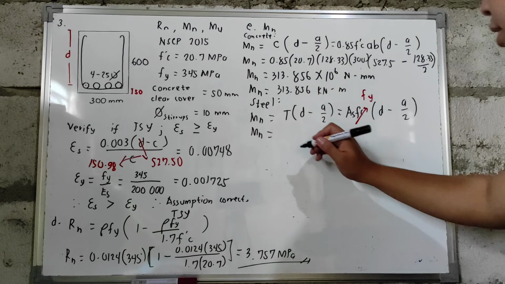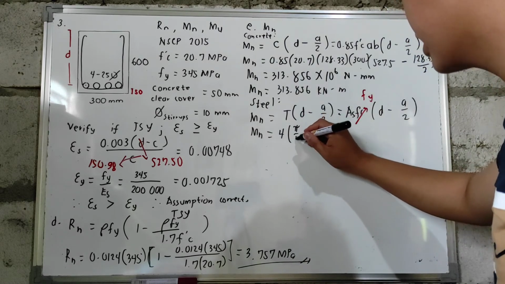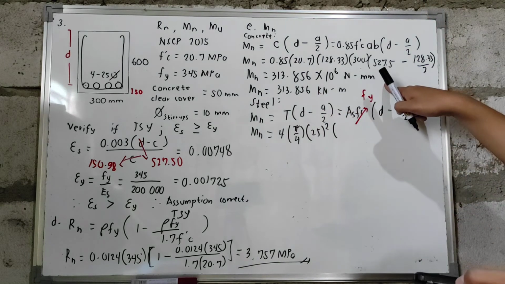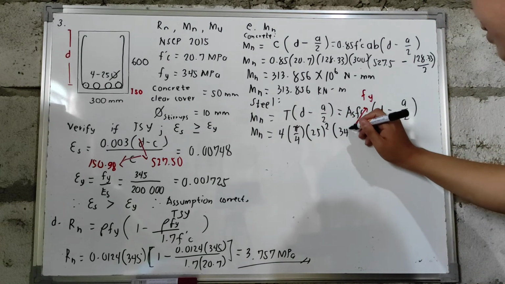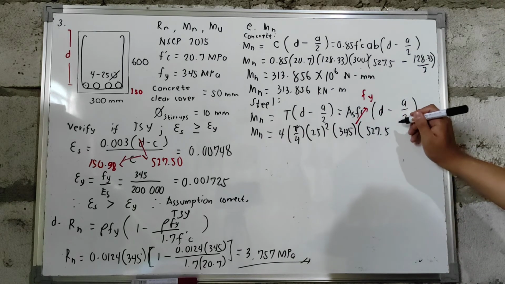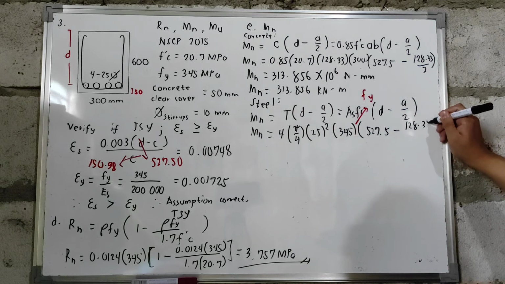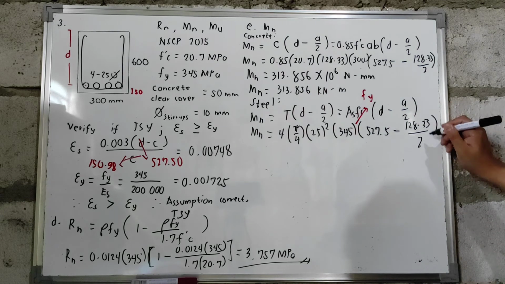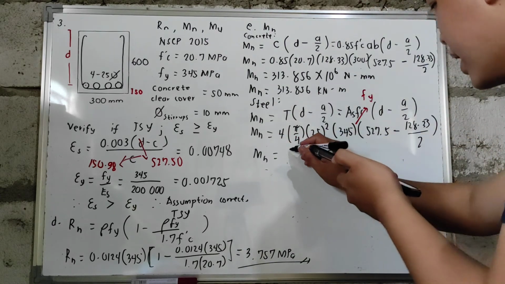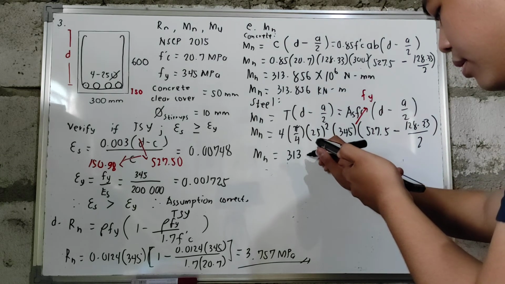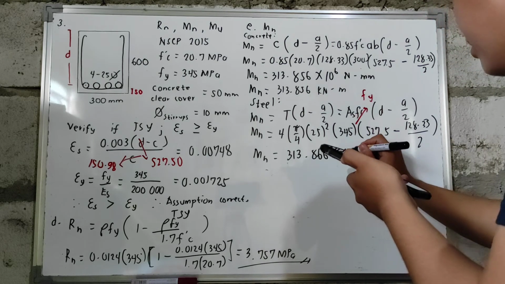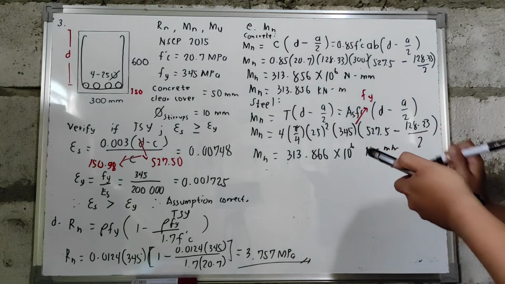So, AS, meron tayong 4 na bakal. Tapos, yung diameter niya is 25. And yung Fs natin, that is Fy, kasi nga tension still yields na 345 megapascal. Yung effective depth natin, that is 527.5 minus 128.33 over 2. So the value of your nominal moment is now equal to 313.866 times 10 raised to 6 Newton mm.